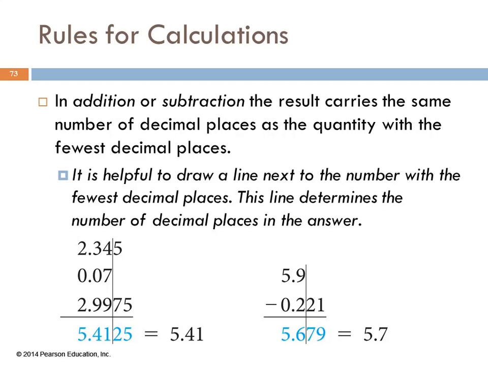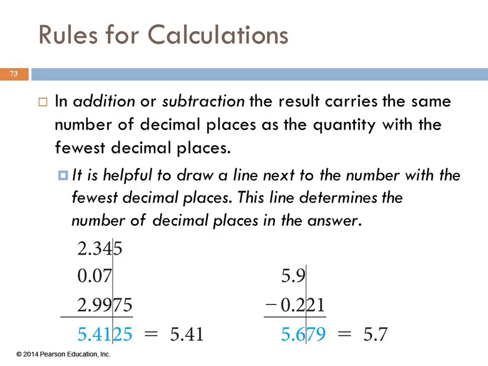In adding and subtracting, the rule here is, when you write something out, it often sounds more confusing than it actually is. The result carries the same number of decimal places as the quantity with the fewest. Well, it's helpful to look at an actual example. So here's this number, 2.345.